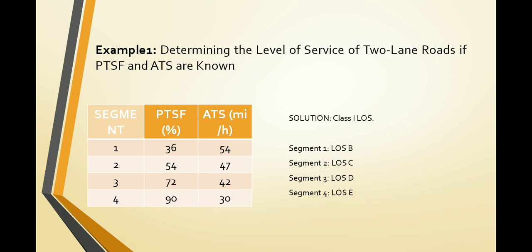Based on the previous discussion, segment 1 is LOS B. Then segment 2 is LOS C. Segment 3 is LOS D, and segment 4 is LOS E.